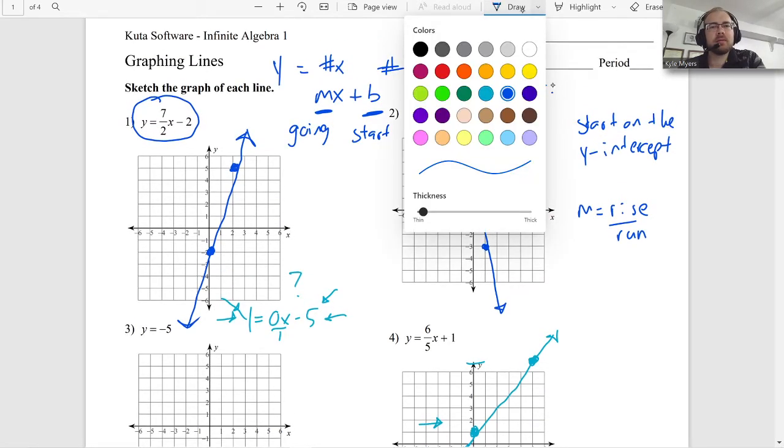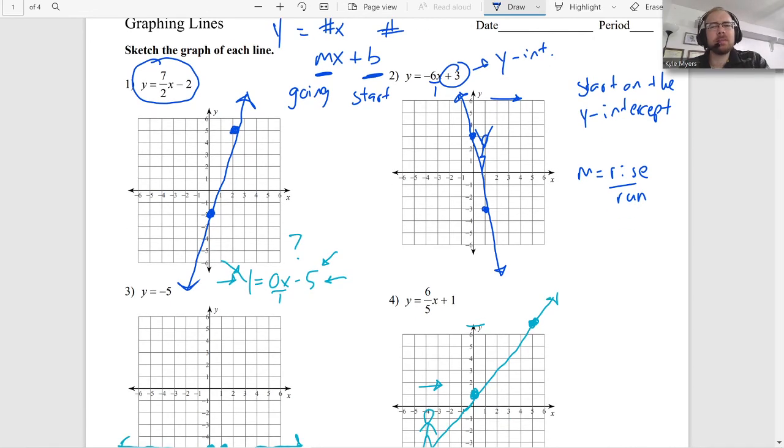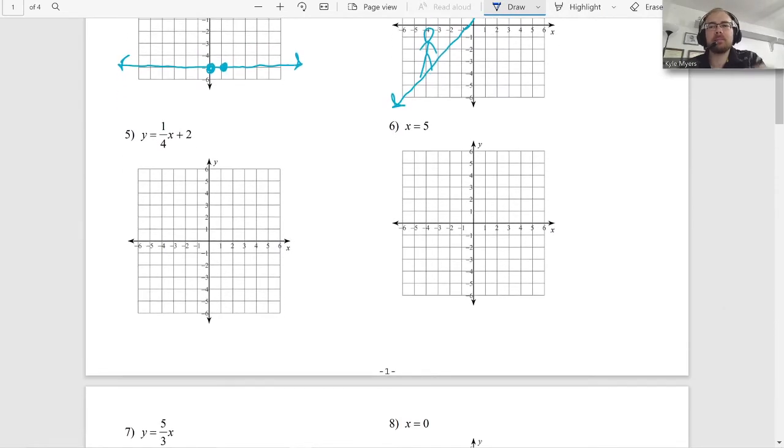If my person is going down, first of all, this is going to be a fun roller coaster ride, because that's quite the slope. He's going down that thing. If he's going from left to right, he's sliding down. Okay, so maybe that's helpful, maybe not. But that's how you can check to make sure your slope is positive or negative like it should be when you graph it. All right, let's move on.